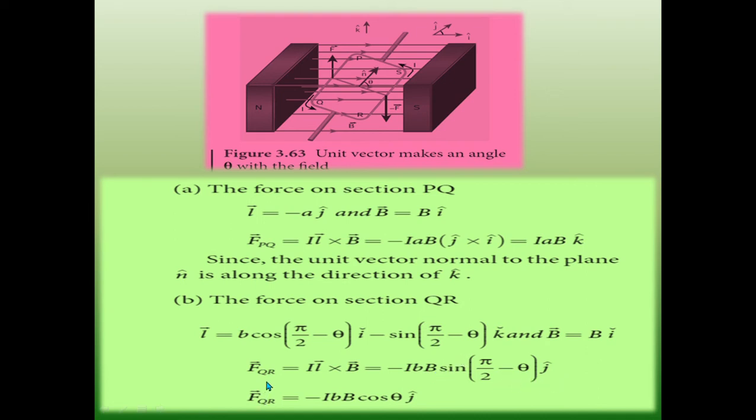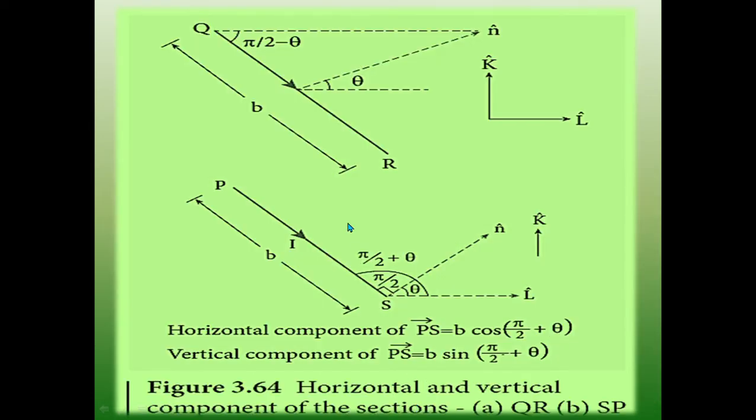So we obtained the force acting in the QR direction: F QR is equal to minus I b B cos theta j cap. The next step: the horizontal component of the PS vector is b cos(pi by 2 plus theta), and the vertical component of the PS vector is b sin(pi by 2 plus theta).